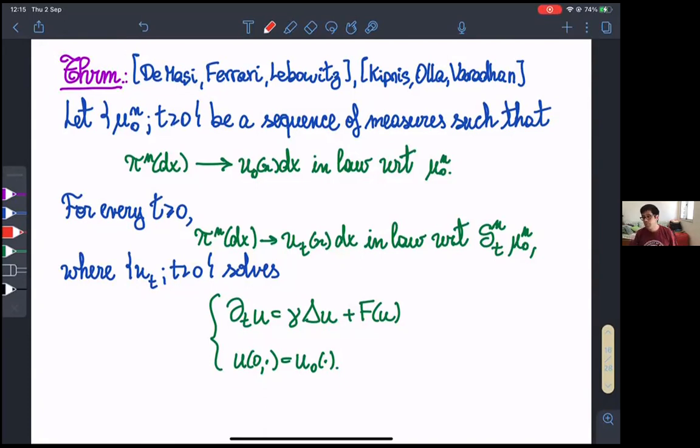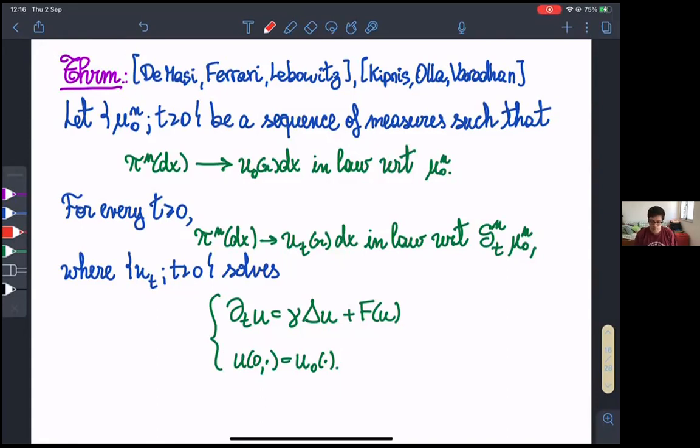Okay, and from that fact, you can treat this model in a perturbative way and get bounds on the correlation functions for any number of points. And if you get the right bounds on the correlation functions, you can just prove whatever limit theorem you want. Well, not whatever, but at least the law of large numbers and the central limit theorem just by moment computations. Okay, so this is what De Masi, Ferrari, and Lebowitz did.